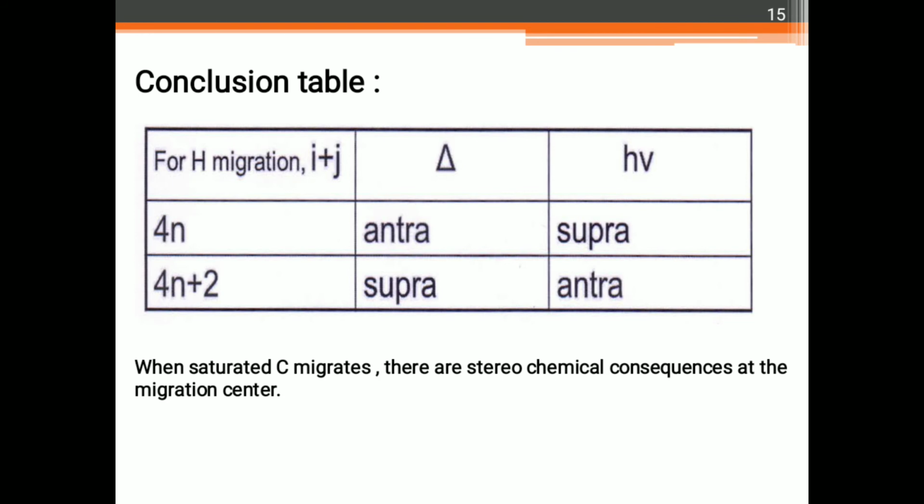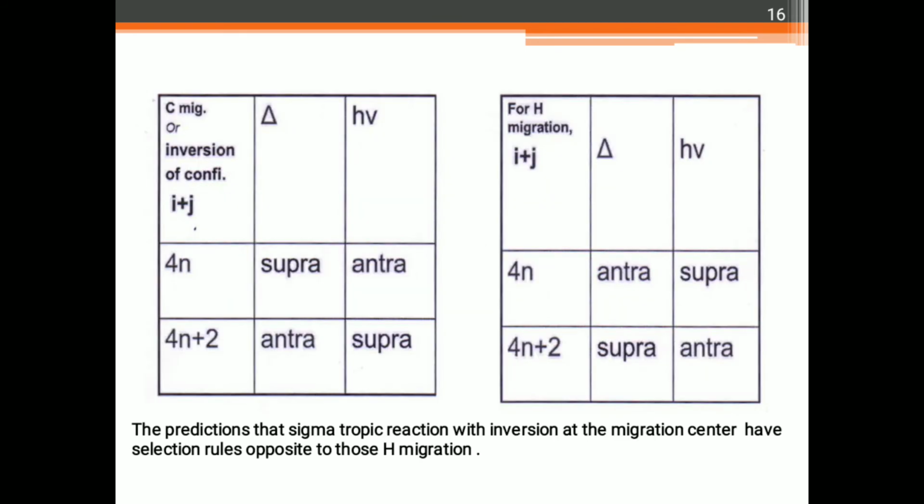When a saturated carbon migrates, there is a stereochemical consequence at the migration center. For carbon migration, i plus j in a 4n type of system, in thermal condition, suprafacial migration is allowed. In photochemical condition, antarafacial migration is allowed.